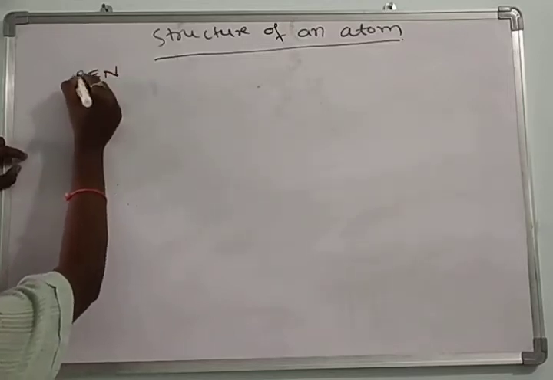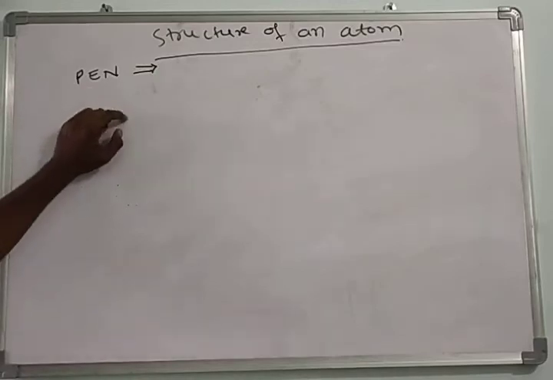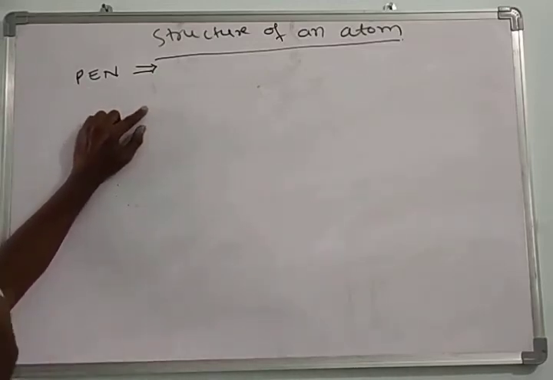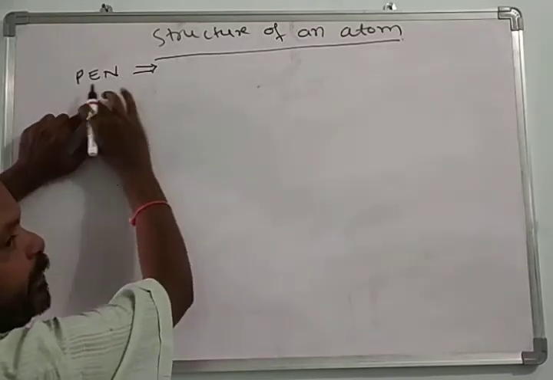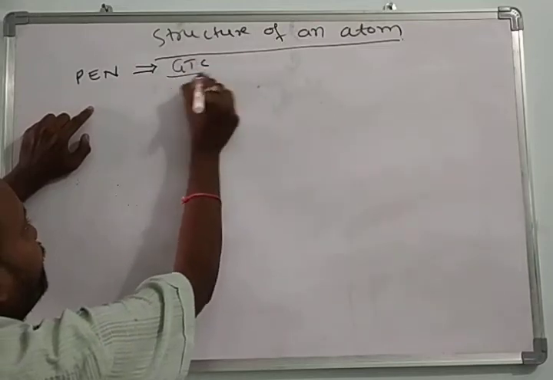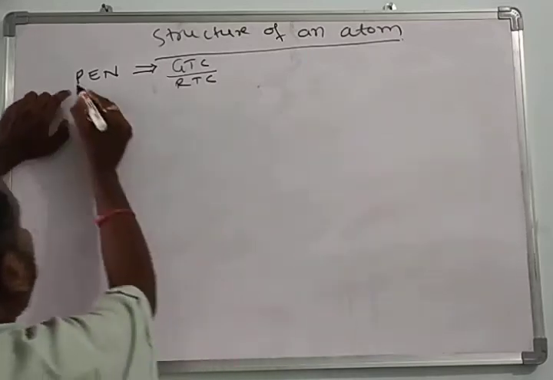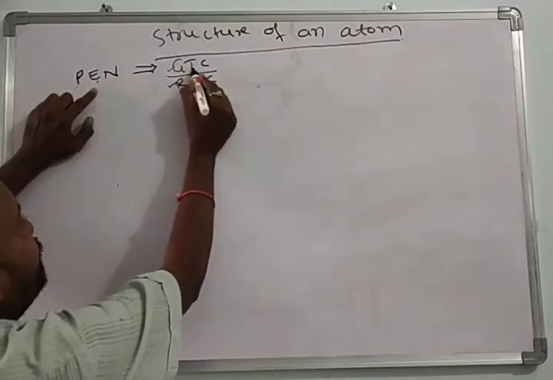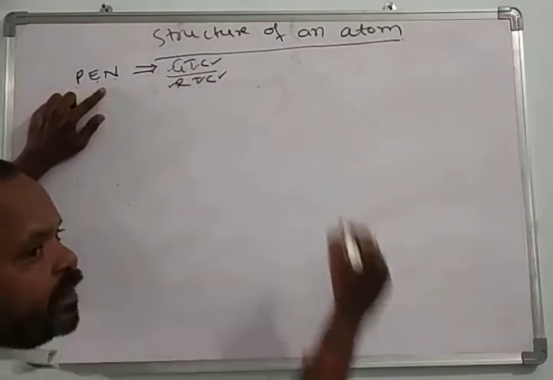First, who discovered proton, who discovered electron, who discovered neutron? We'll see that, and after that we'll move on. Proton was discovered by Goldstein or Rutherford, electron was discovered by J.J. Thomson, and neutron was discovered by James Chadwick.